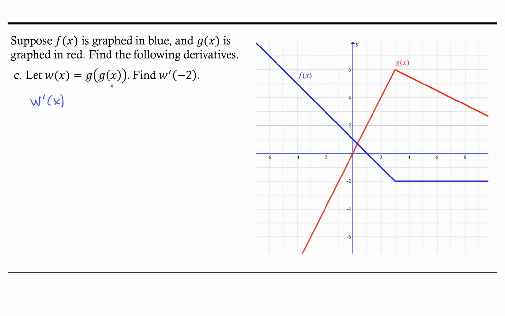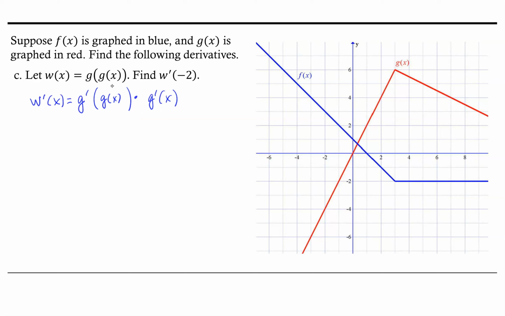So w prime of x will be the derivative of the outer function, so g prime, times the inner function, which is g of x, multiplied by the derivative of that inner function, g prime of x. Just to be clear, this g prime comes from g of x being that inner function in our composition.